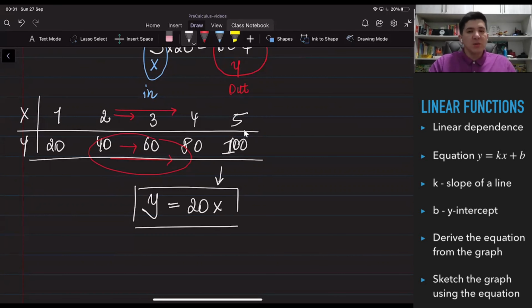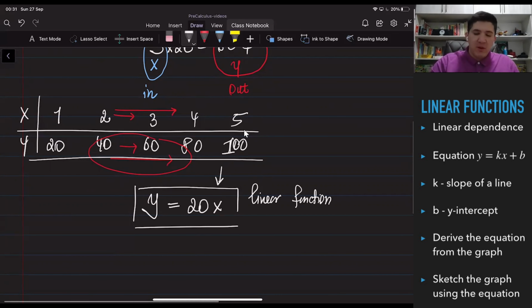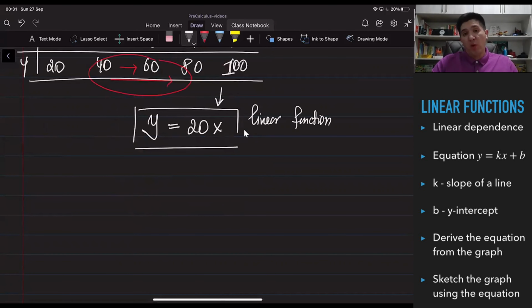So this is a linear function. Let's make our example a little more difficult, since this is not the general form of a linear function. So let's make another example.